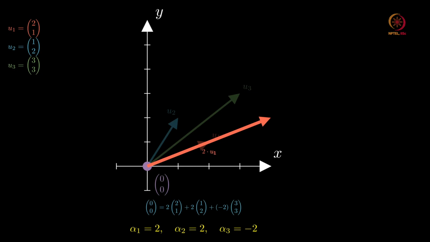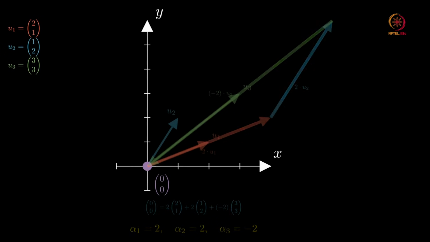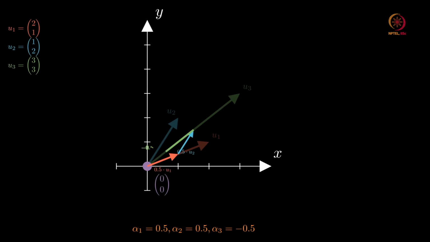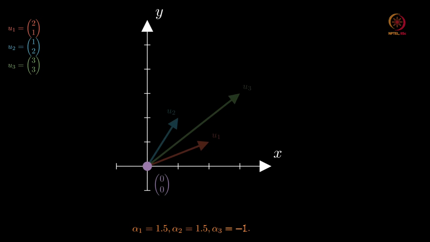So, we see that there are multiple possibilities to get the 0 vector by choosing different scalars.